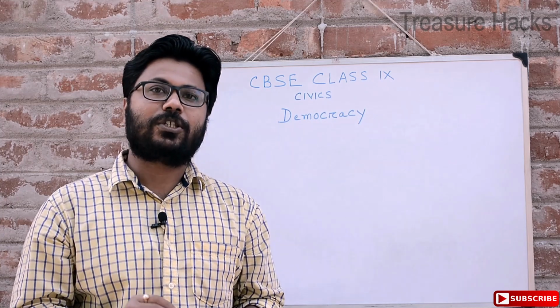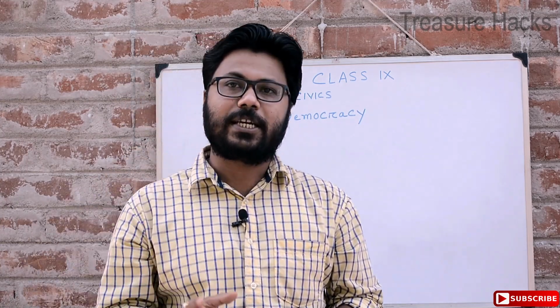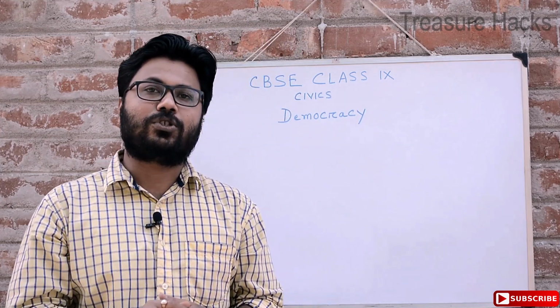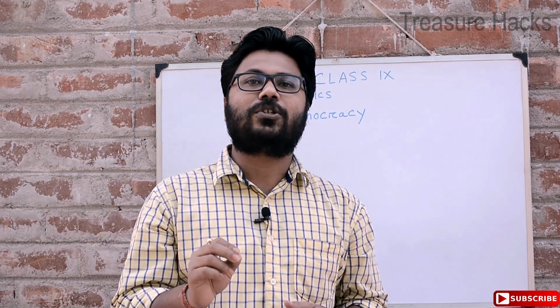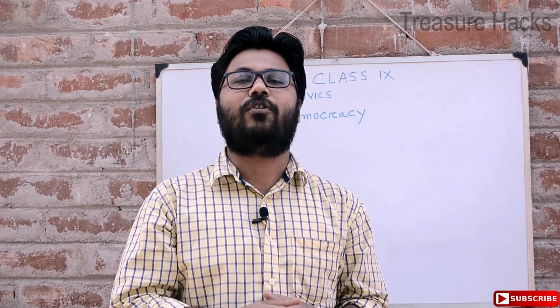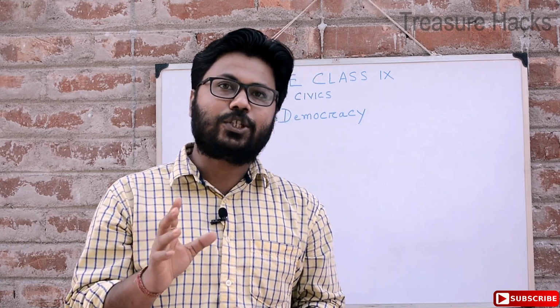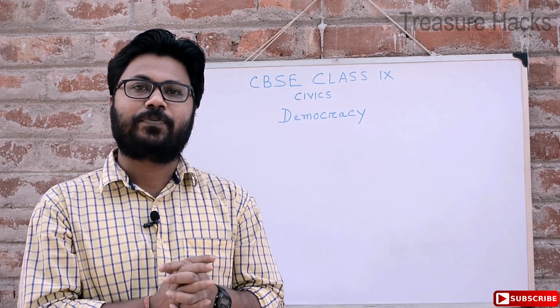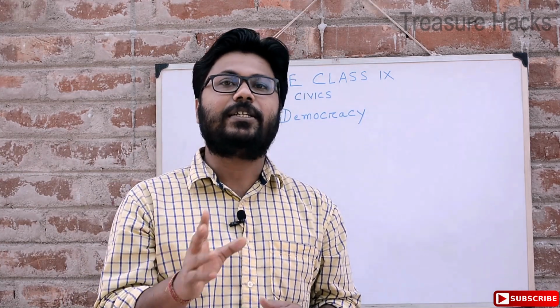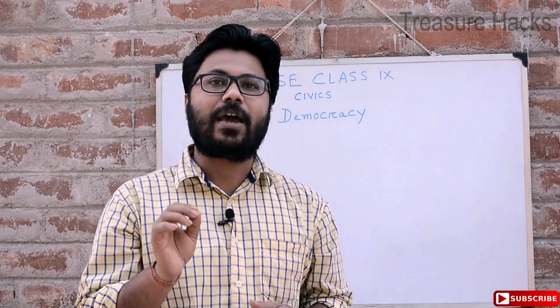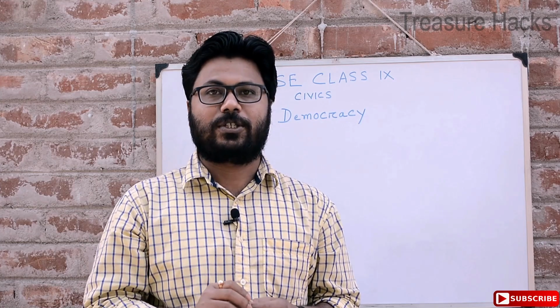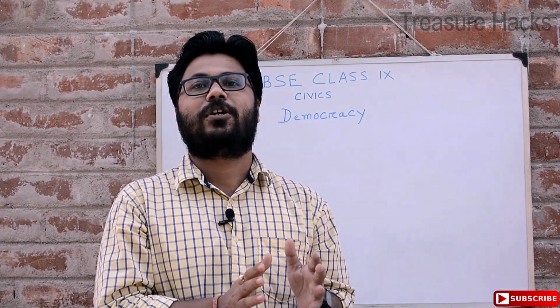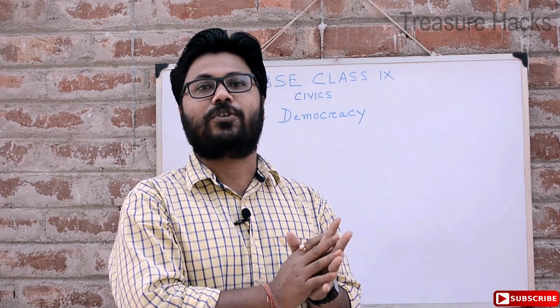So the decisions and the policies that the government will take may not suit all the sections or all the communities of people. So it may lead to bad policies or bad decisions, as the elected leaders may not be aware of the interests of all the sections of people, all the communities of people.